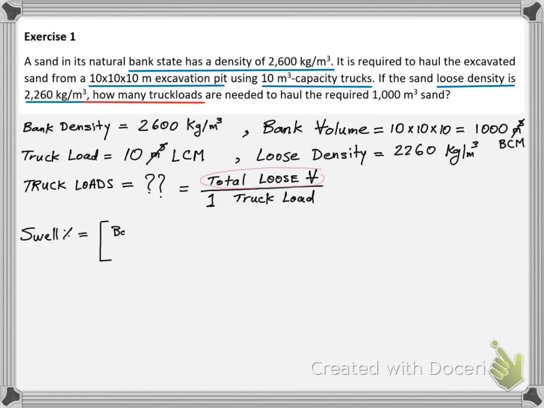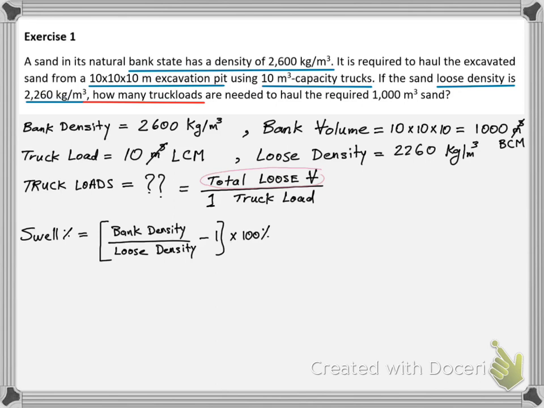The total loose volume, this means that we need to translate from the total bank volume, which is 1000, to a total loose volume. So the relationship here we can represent using the swell percentage, which is given by this formula: bank density over loose density minus 1, times 100%.